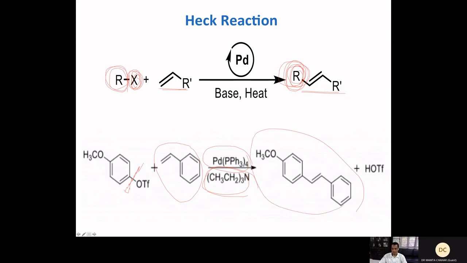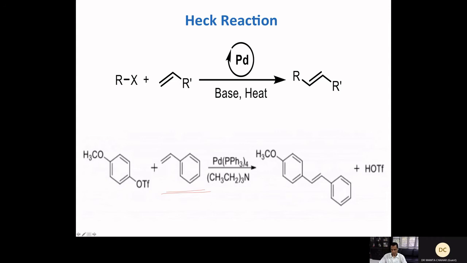Okay, 1,2-diaryl styrene derivative. What you have over here is a very little substituted olefin like styrene, a monosubstituted olefin, giving you a disubstituted olefin, one substitution here, another substitution here, which is again a very, very exciting transformation.